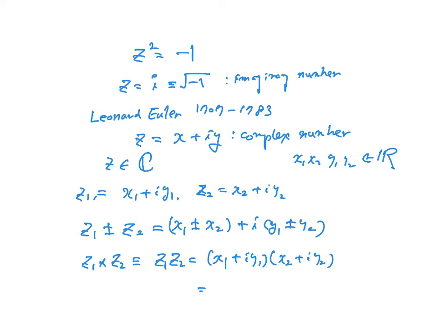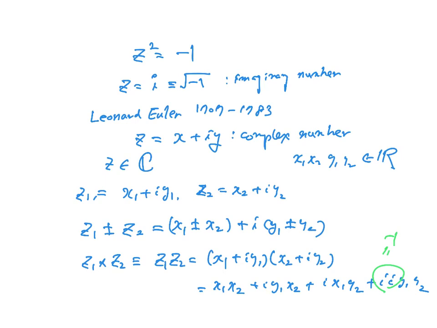You multiply x1 and x2. And you multiply i y1 times x2. You multiply i x1 times y2, plus finally you multiply these two, i squared y1 y2, and this is minus 1, right?